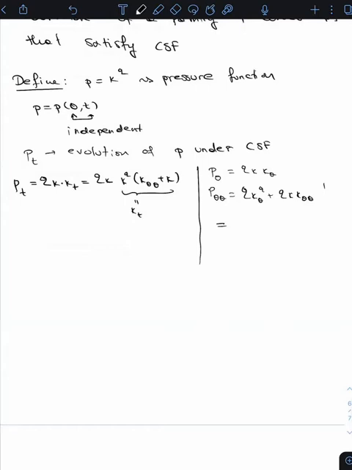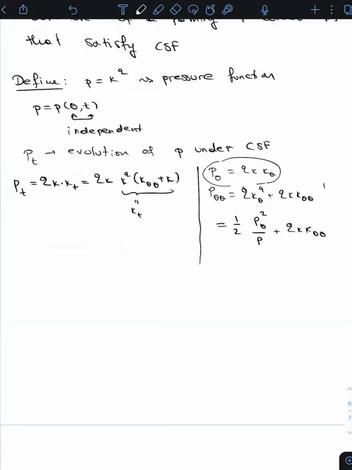And now we can write 2 kappa_theta squared as 1/2 P_theta squared over P, by using this equation here. And then I have plus 2 kappa kappa_theta_theta.